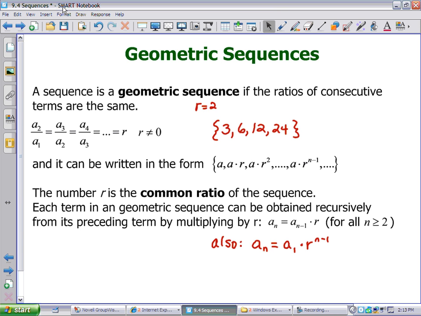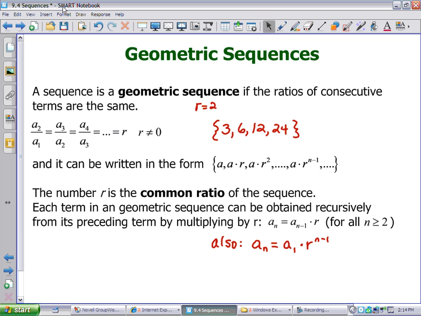So the number r is called the common ratio of the sequence. Each term in a geometric sequence can be obtained recursively from its preceding term by multiplying by r. So you take the term that was before your original term and you multiply it by r. That's for all n's greater than or equal to 2.